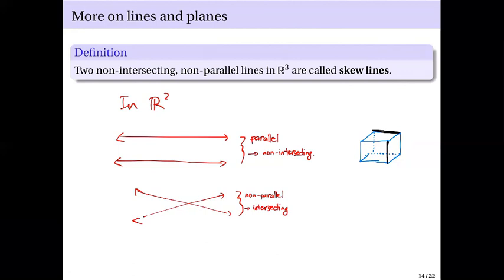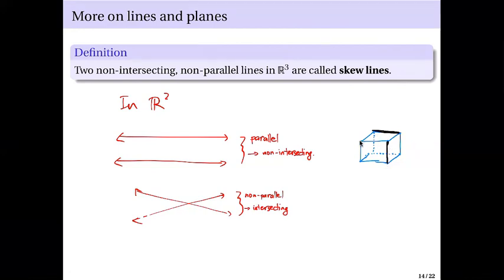Can you imagine that? Even if you extend this edge indefinitely, they will not intersect. And notice they are not parallel because this one is going down and up, while this one is going left and right. So they are not parallel.